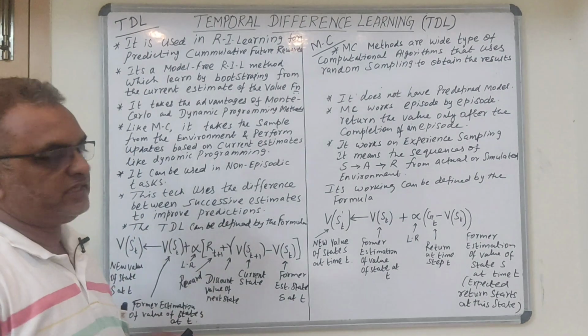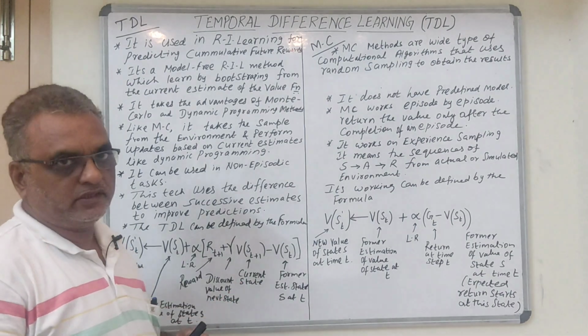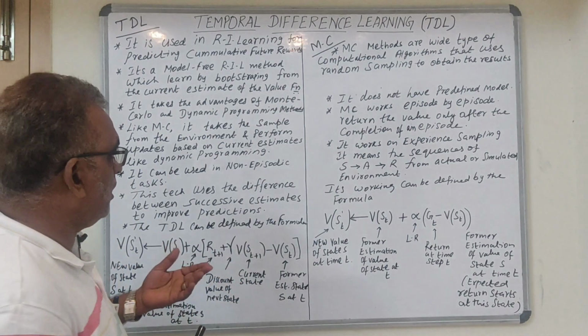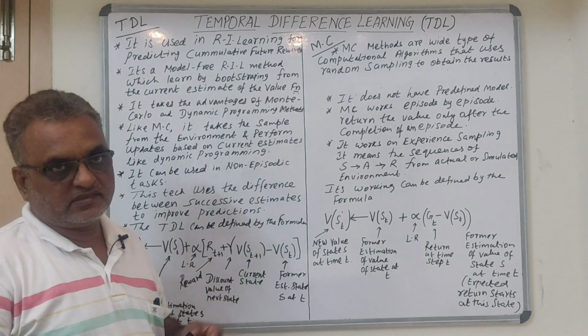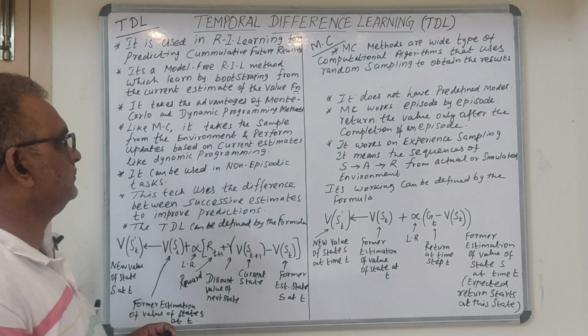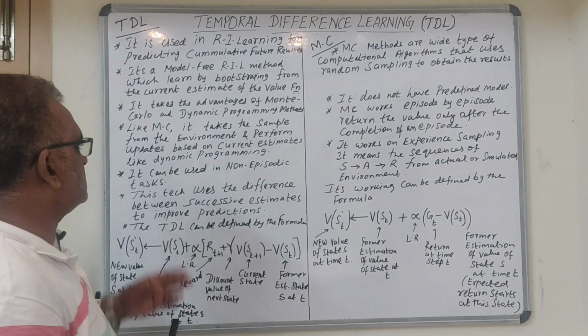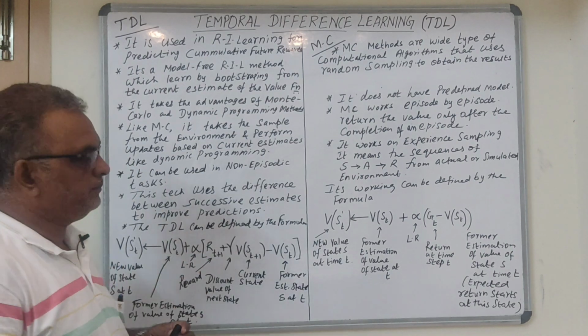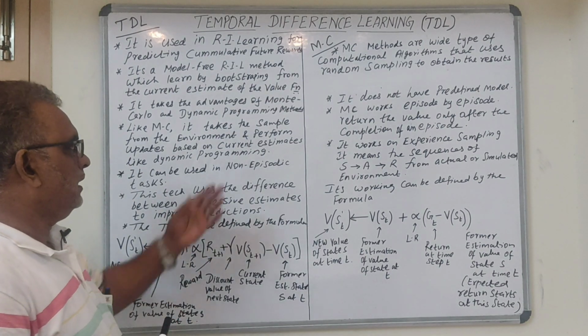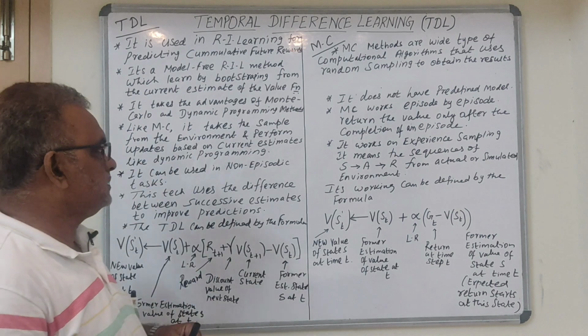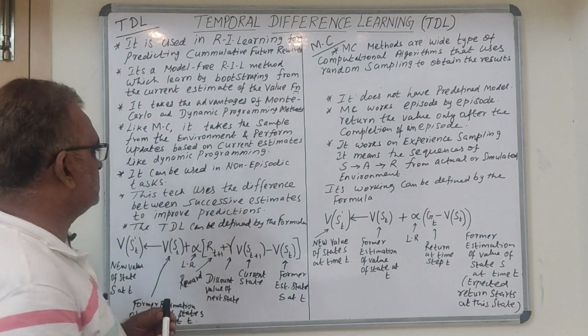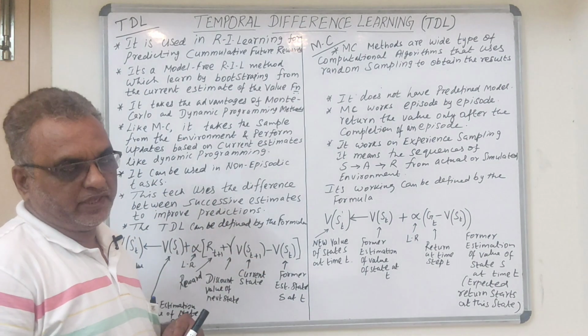It takes the advantages of two methods, one is Monte Carlo and another is dynamic programming. Like Monte Carlo, it takes samples from the environment and performs the updates based on the current estimates, like dynamic programming.